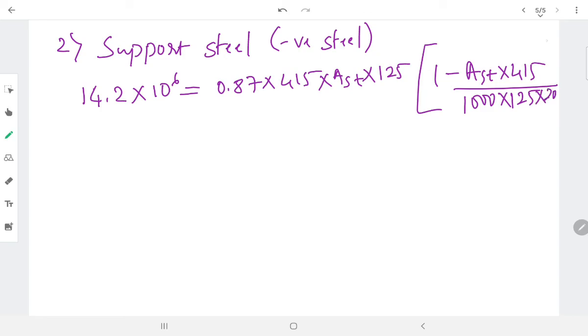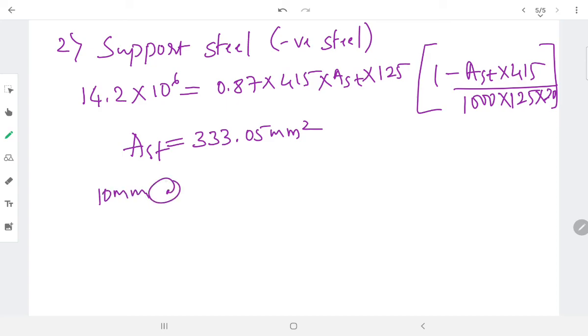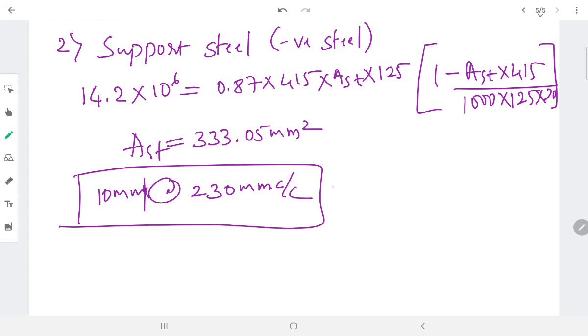Just calculate this AST. We get AST as 333.05 mm square. Again provide 10 mm diameter bars. Find out the spacing, at 230 mm center to center. Just check the value. So this completes the design of the one-way slab.